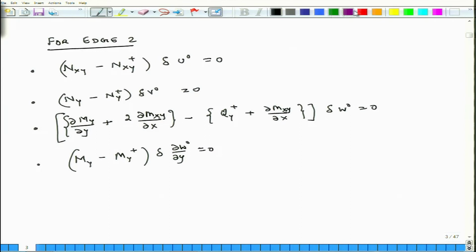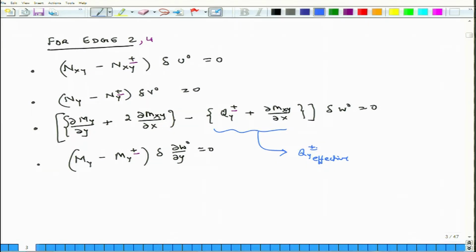And similar boundary conditions in form are also for edge 4. So, I will just put also a negative sign as a subscript. Okay. And this thing is qy effective. So, these are the boundary conditions.